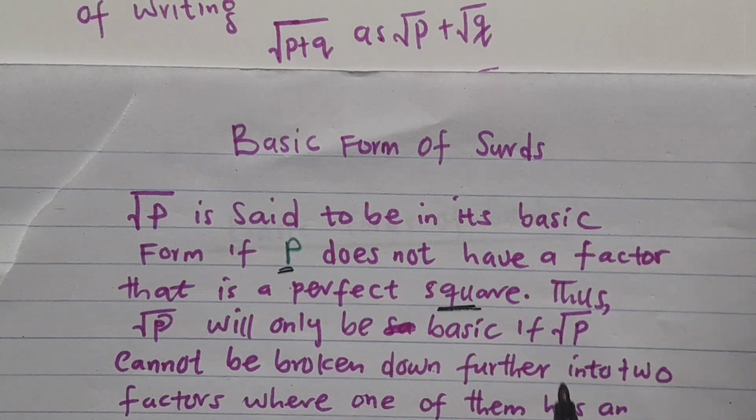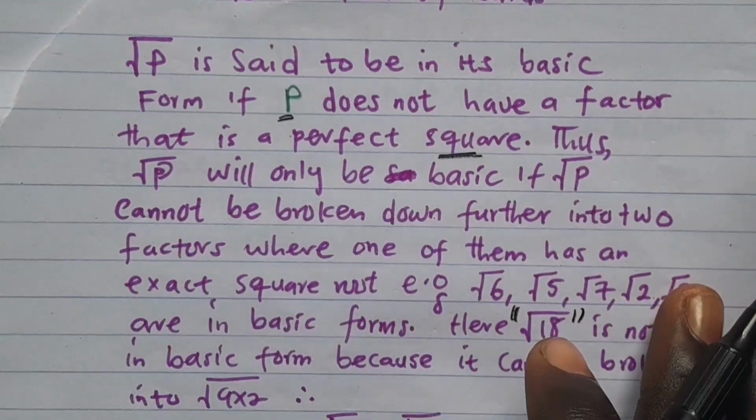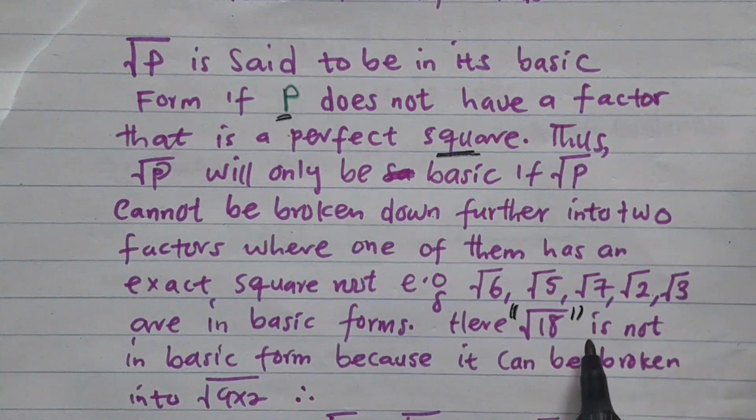So square root of p will only be basic if it cannot be broken down further into two factors where one of them has an exact square root, e.g. square root of 6, square root of 5, square root of 7, square root of 2, square root of 3 are in basic form.